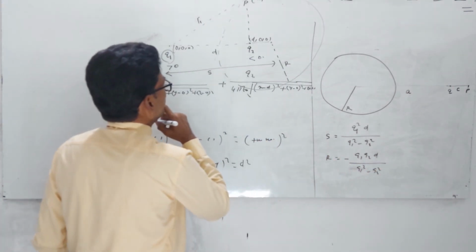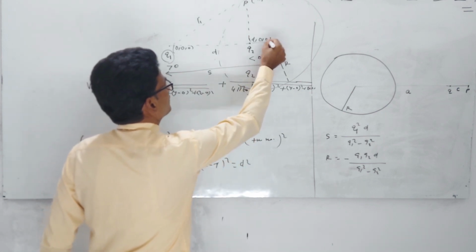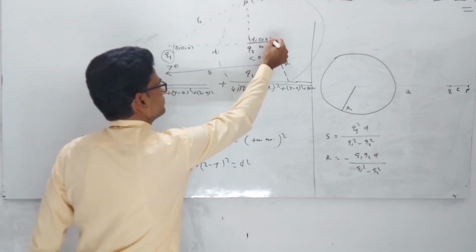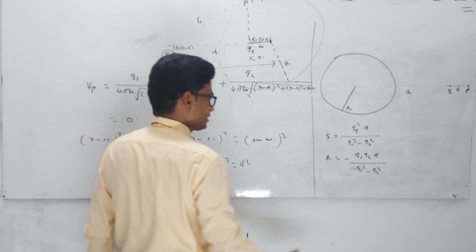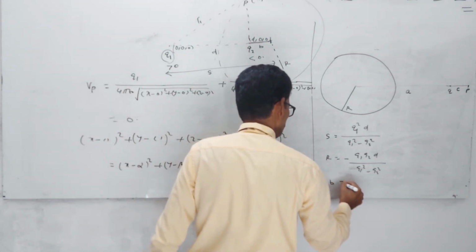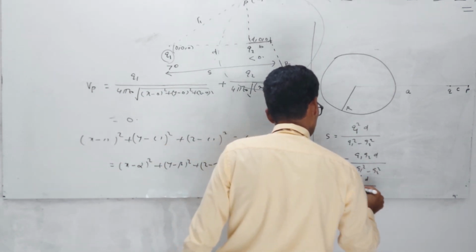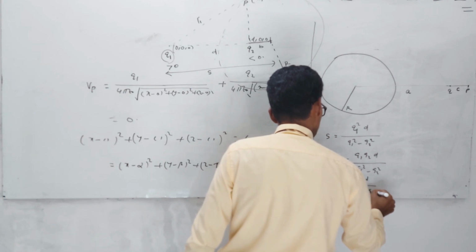And here, look at here, this is the center and this is the q2, this distance, say this distance is say b. So this comes out to be q2 square d over q1 square minus q2 square.